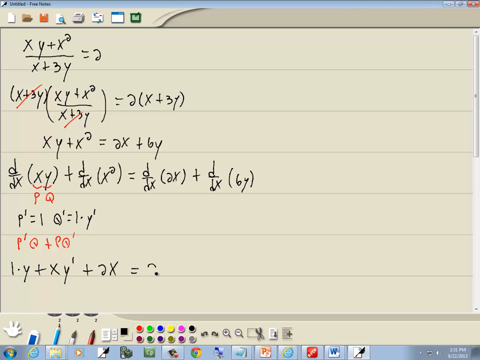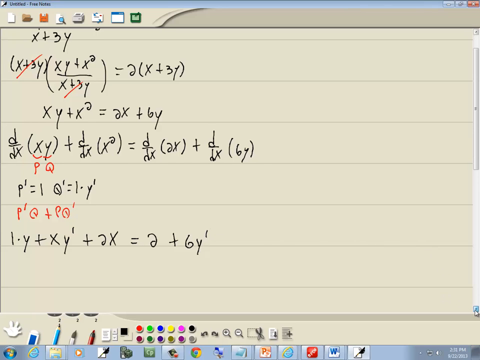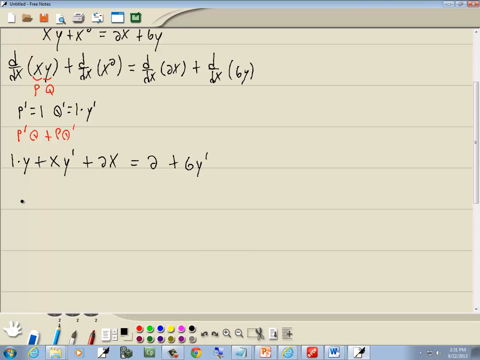The derivative of 2x is 2. The derivative of 6y is 6, but since we're taking the derivative with respect to x, and it's really a y here, we have to add on our y prime. Which gives us y + xy' + 2x = 2 + 6y'.